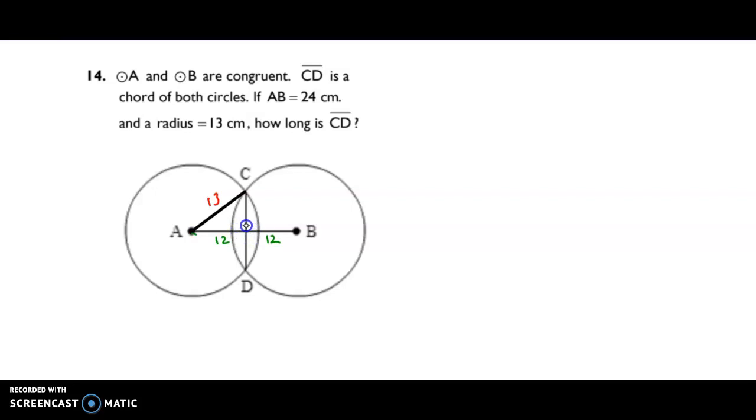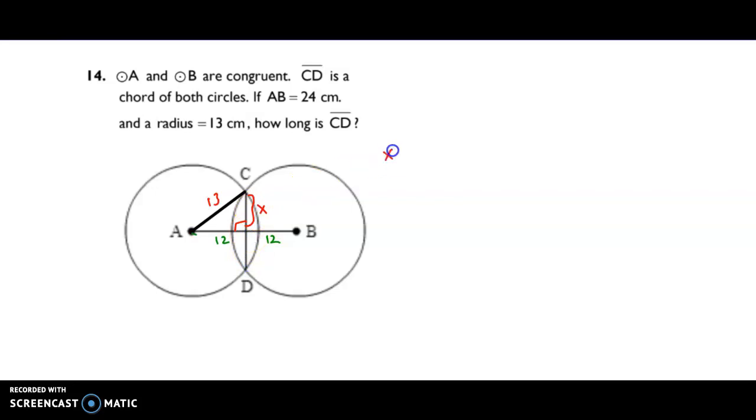This is going to create a right angle here, from the radius to the chord. It's perpendicular. And so we have this, our x value. If we can figure out x, then we multiply by 2 to get all of CD.